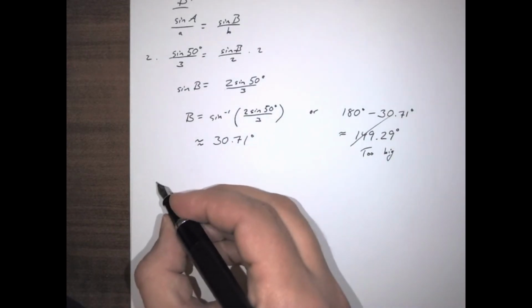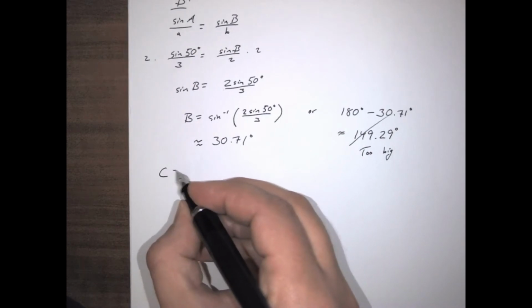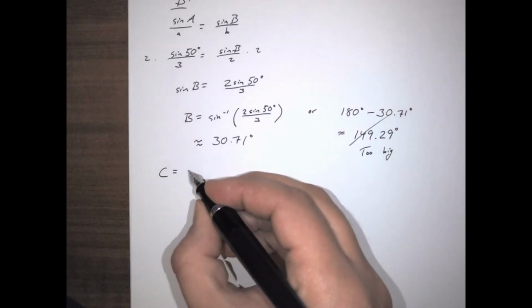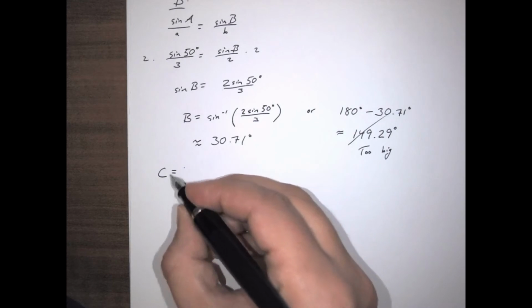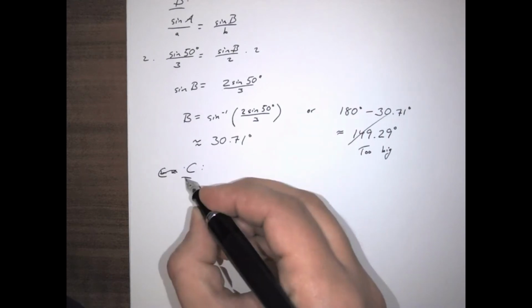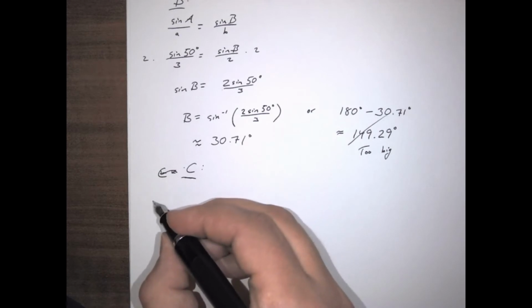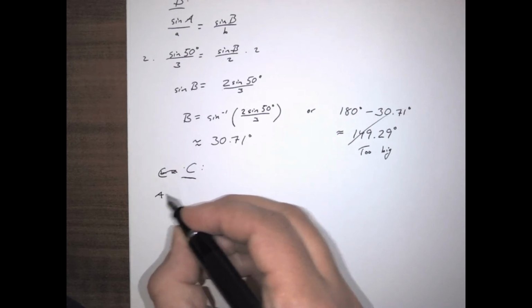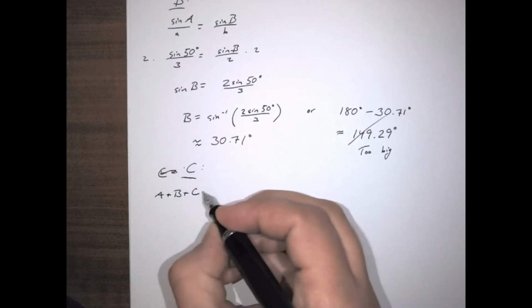Okay, well then we can proceed. So then C is equal to, well, we'll find C now. So we only had this one case, and so we have A plus B plus C equals 180.